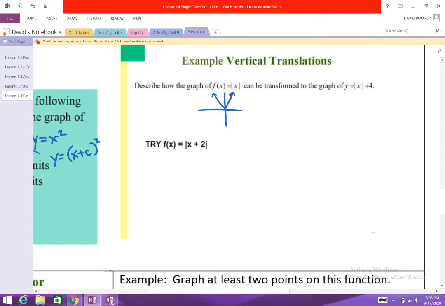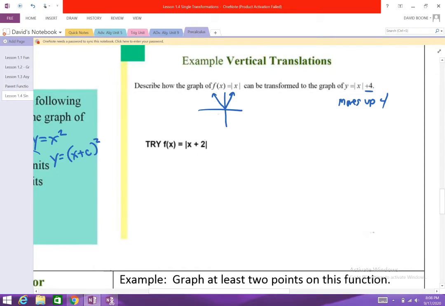Okay. Well, we know, again, this is outside the parentheses. The absolute value kind of operates like parentheses. So that's going to affect the y because it's not in there with the x. And if it's not inside parentheses, it does it as is. So what this does is it just moves it up 4.